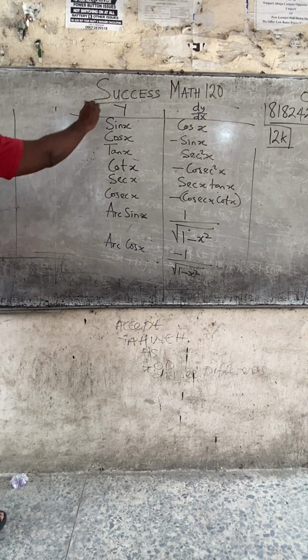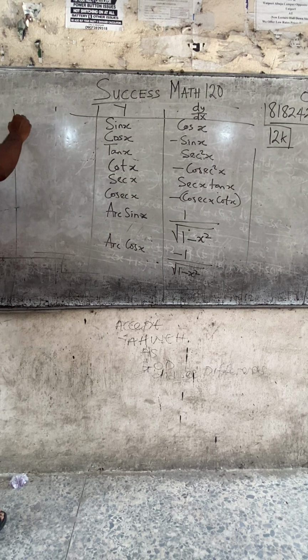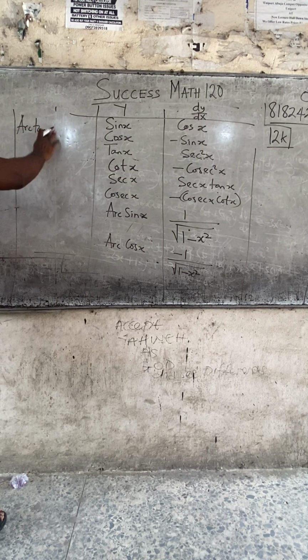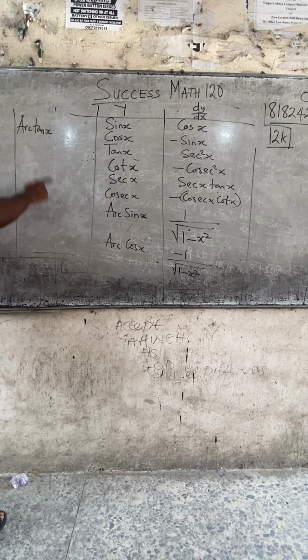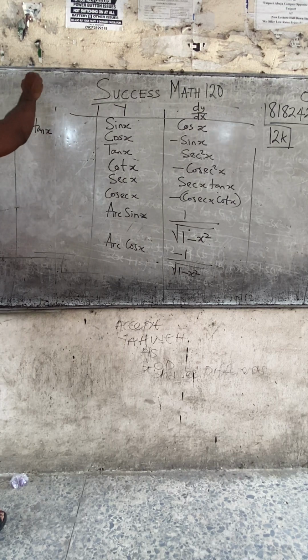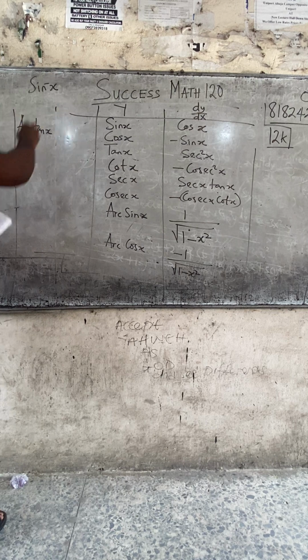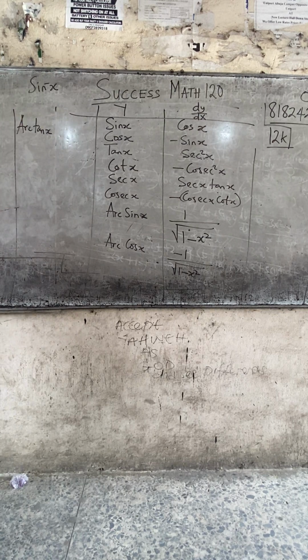Arc tan x. Class, hope you know what arc cos and arc sine mean. If someone says differentiate inverse sine x, that's arc sine, the inverse of sine. There's a rule for differentiating normal sine x and a rule for inverse sine. Arc means inverse.